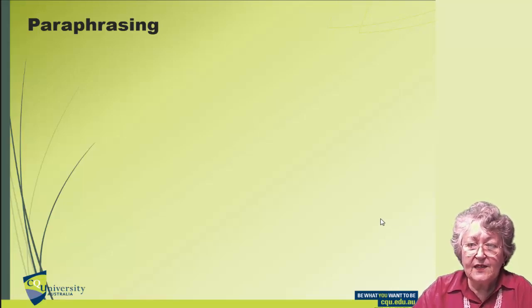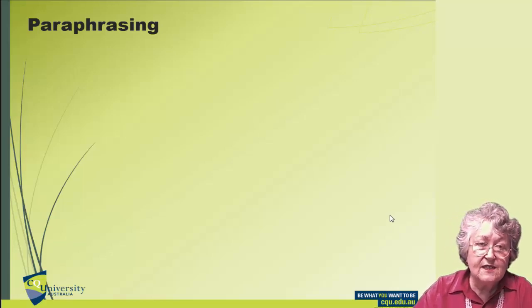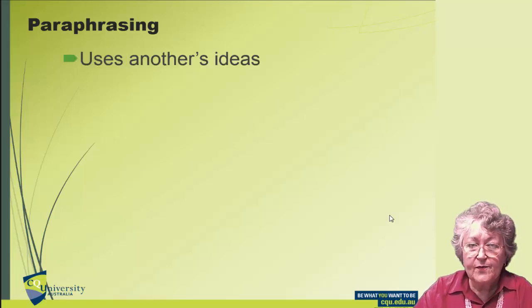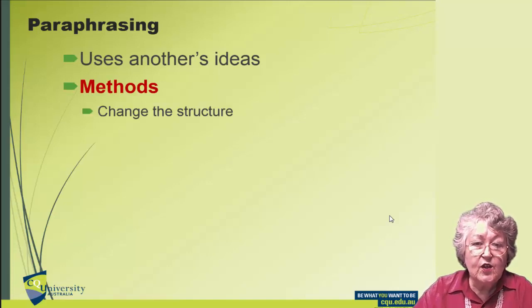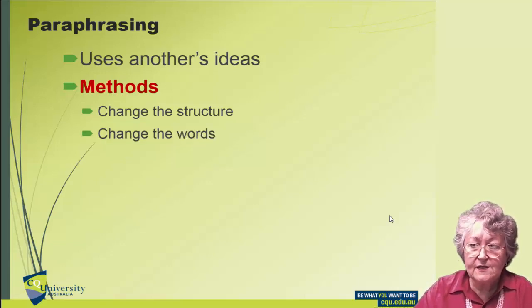Paraphrasing is a vital part of academic writing. You need to be able to write in your own language, not necessarily in the language of the authors that you have read. Paraphrasing always uses another's ideas, and because of that, they need to be acknowledged. And there are a number of methods that we can use. Firstly, you can change the structure. In other words, play with the words, rearrange the sentences, see if they still make the same points.